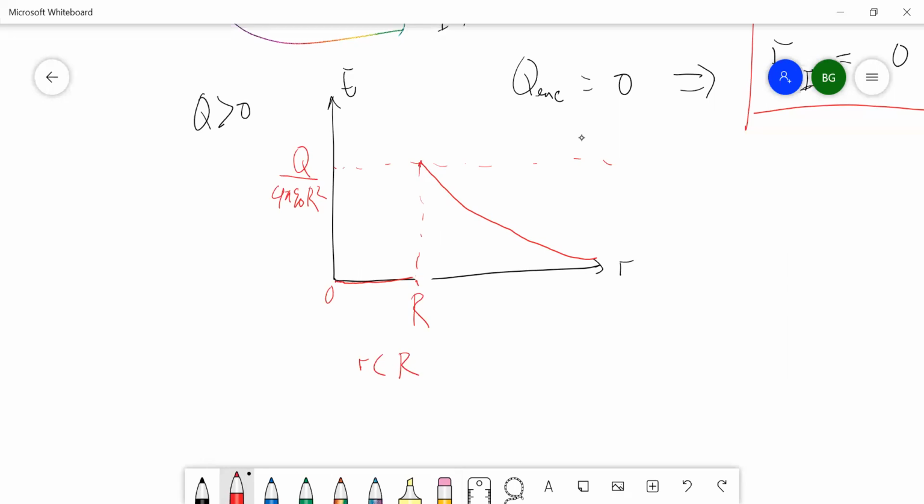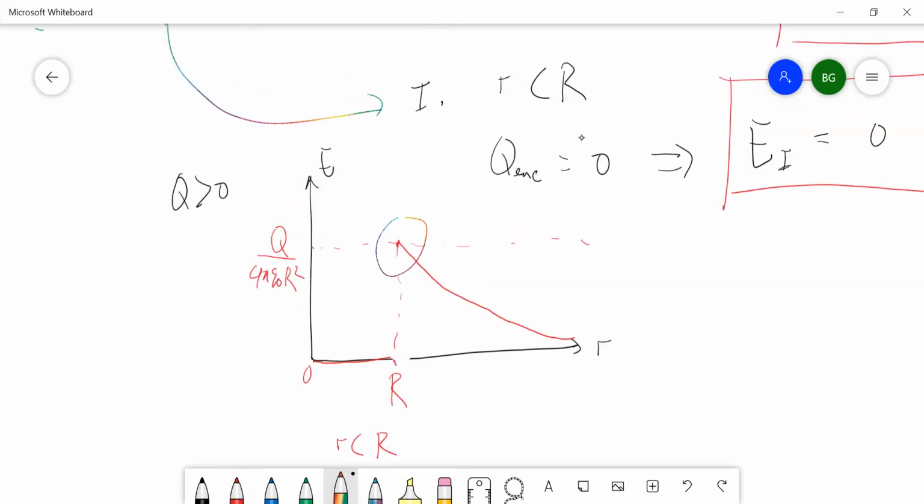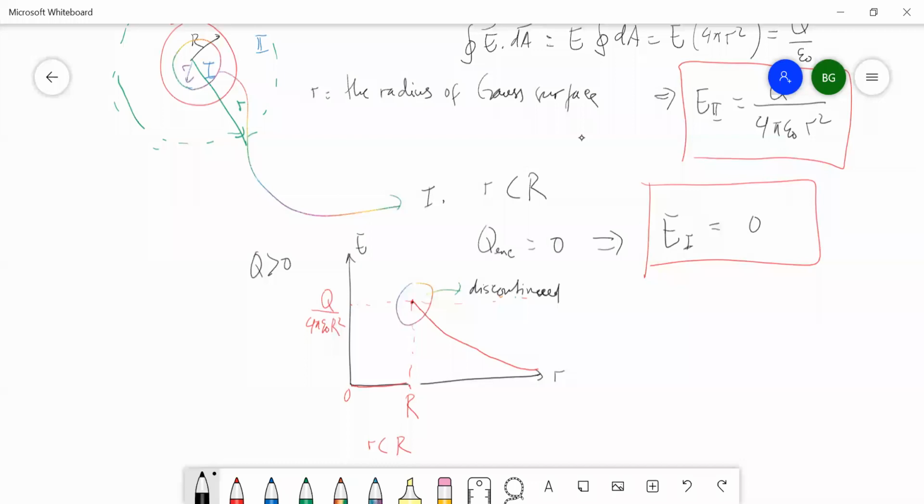Okay, so if you have already studied discontinuity, this is discontinuous at this point. Okay, that's the thin sphere.